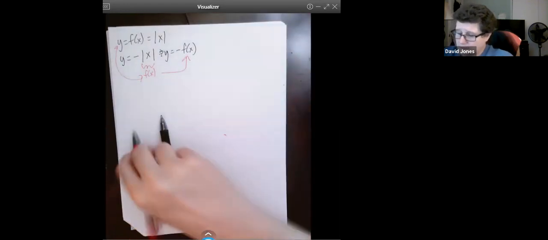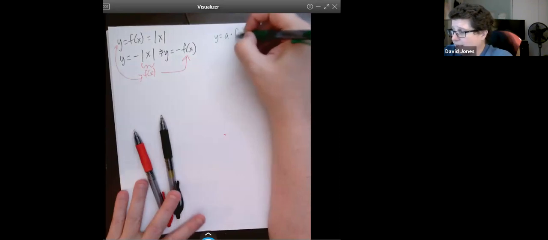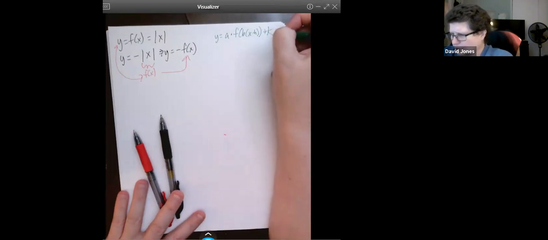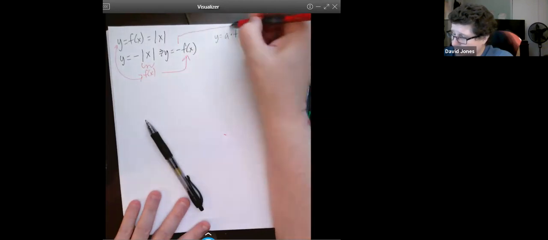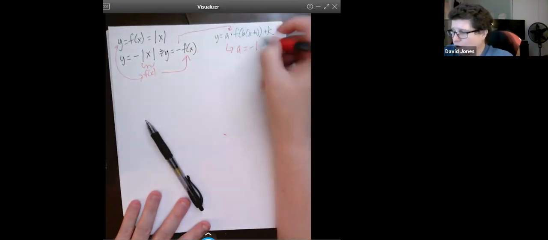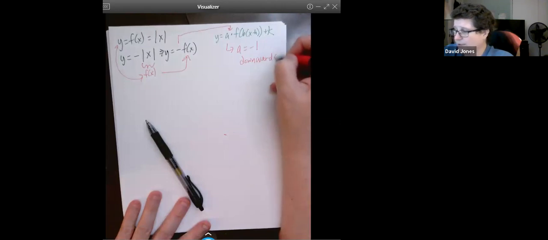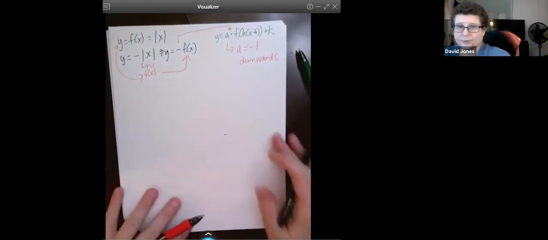So when I had y equals a times f of b times (x minus h) plus k, it looks like this negative has got to match up with the a. a equals negative 1. It should go downward. I said negative values for a go downward. Let's see if that holds true.